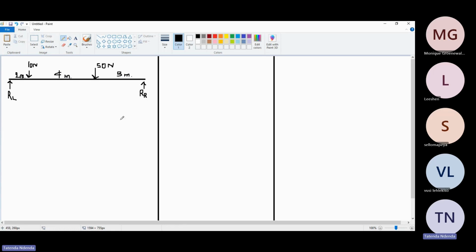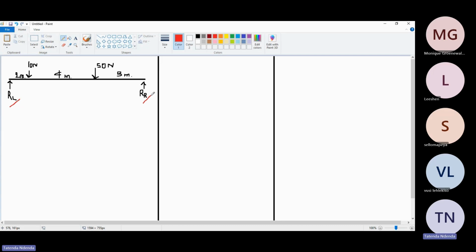Okay, so we're having a typical question like that, and here, remember, the most important thing that we need to do is to calculate the reactions at the support. So we want to calculate the reactions at this point and also at this point, right?